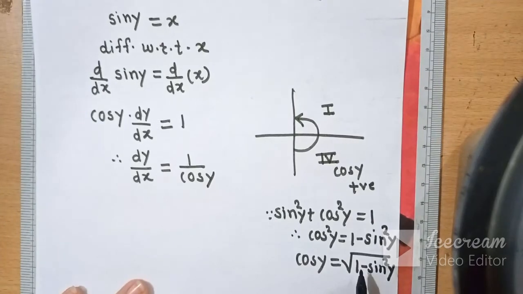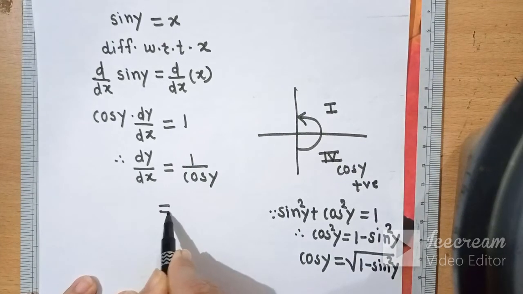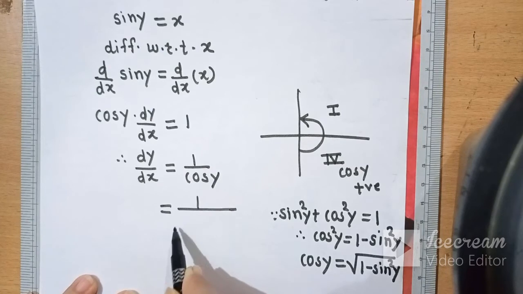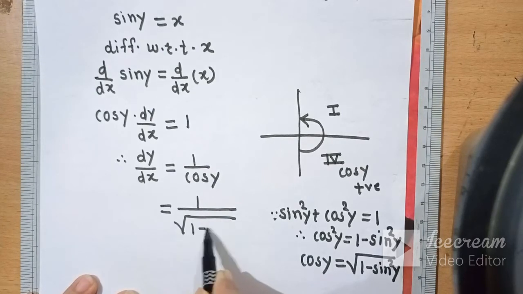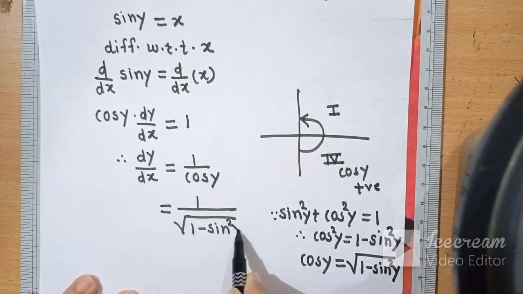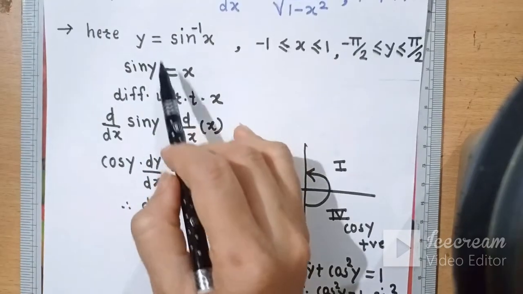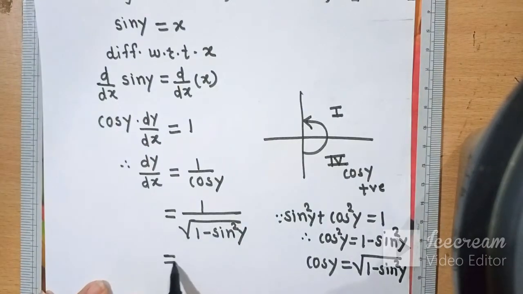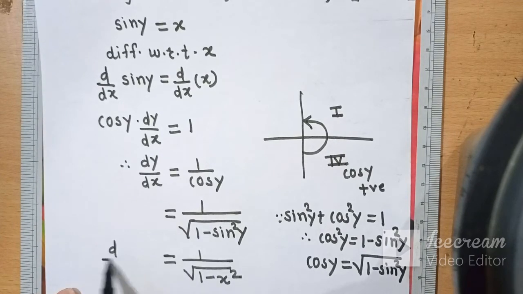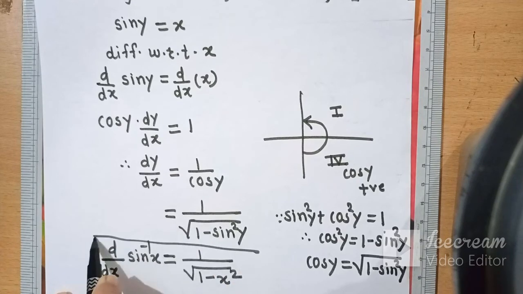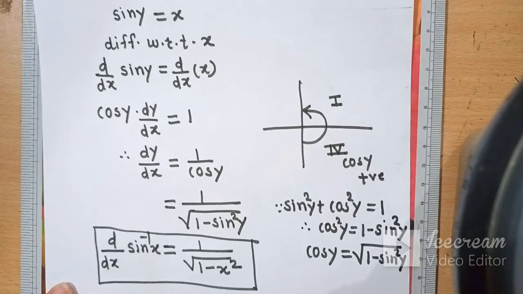So we will consider this positive value. So this is equal to 1 upon root 1 minus sine square y, and sine y means x. So the final answer is 1 upon root 1 minus x square. So here I am writing d by dx of sine inverse of x is equal to 1 over root 1 minus x square.